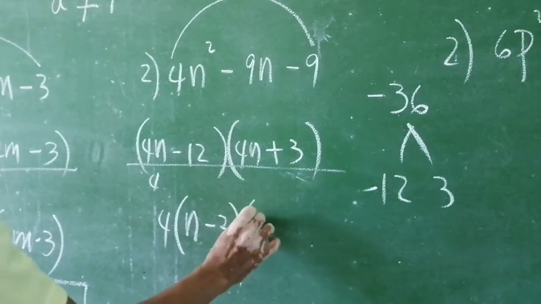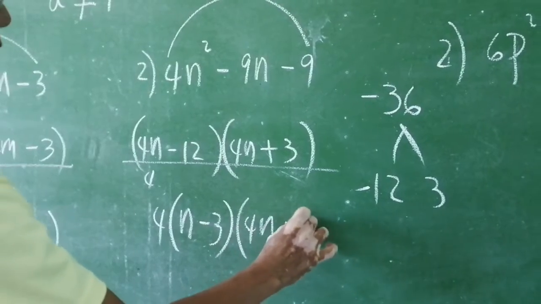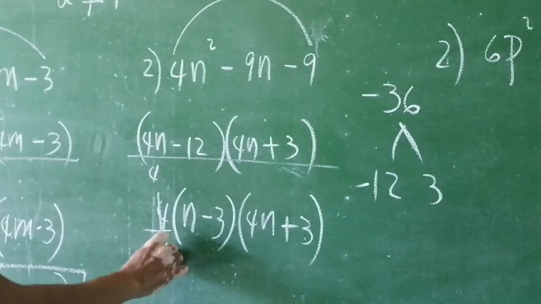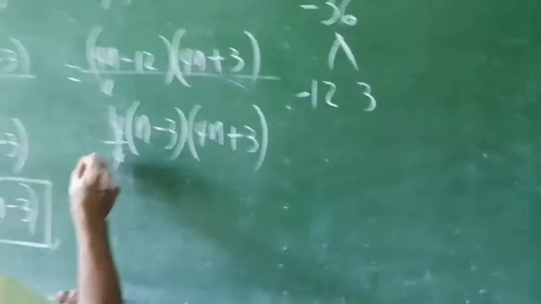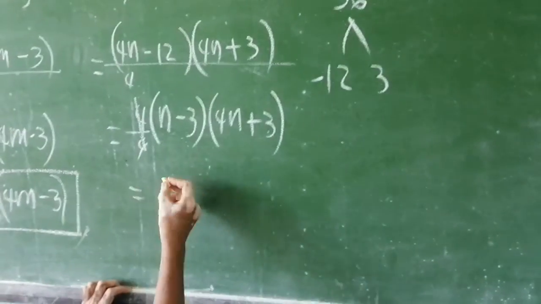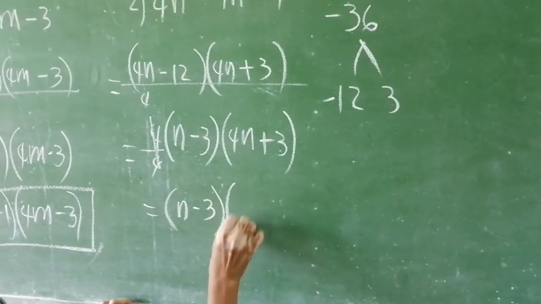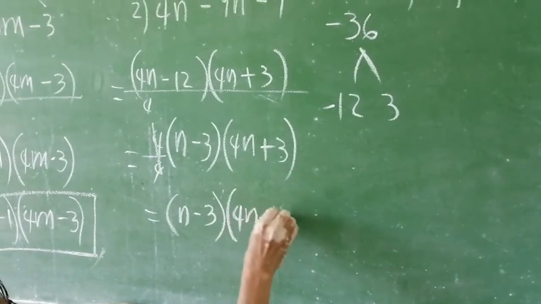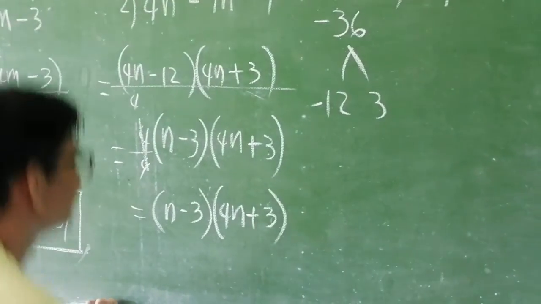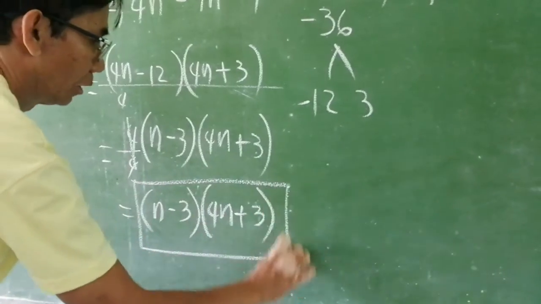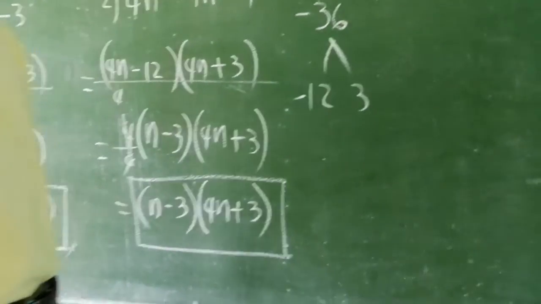And this is already prime, 4n plus 3, divided by 4. So cancel that. So your final factors will be n minus 3 times 4n plus 3. Okay, so this is the factor. You can verify that by yourself.